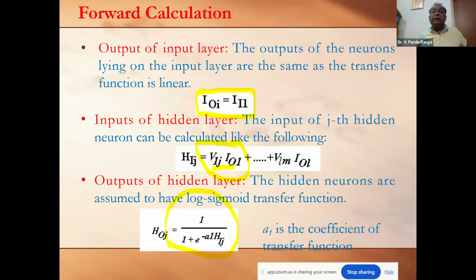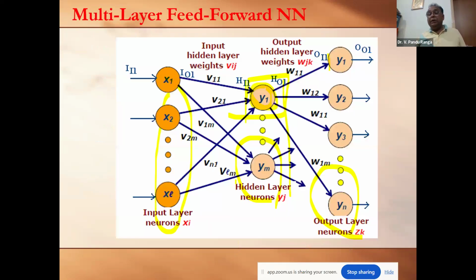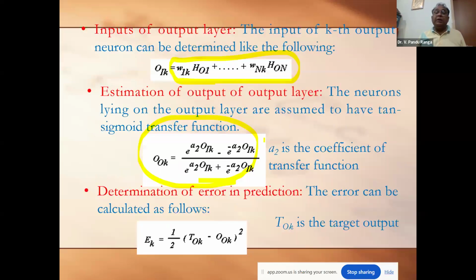Once again we calculate the weighted sum, and then pass it through the tan sigmoid transfer function. As I mentioned, we have a tan sigmoid transfer function at the output, so that will be transformed by using this formula. With this we have got OK, which is called the calculated output. So now we have TOK.